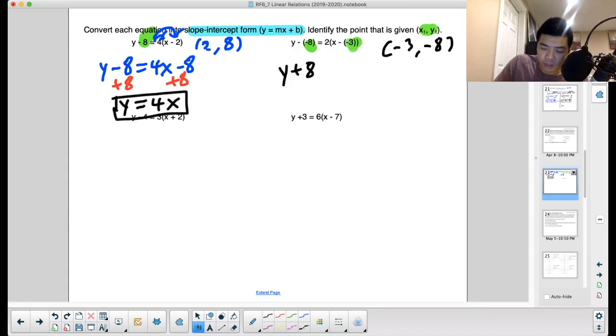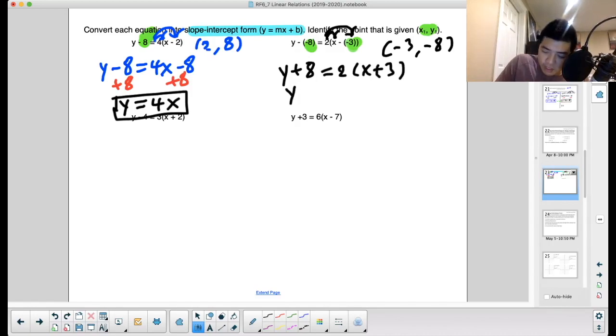We can distribute 2 times x, and then 2 times negative 3. So I've got 2x plus 3 there. Let me go back a step. Here we've got 2 times x plus 3 if you want to simplify it first.